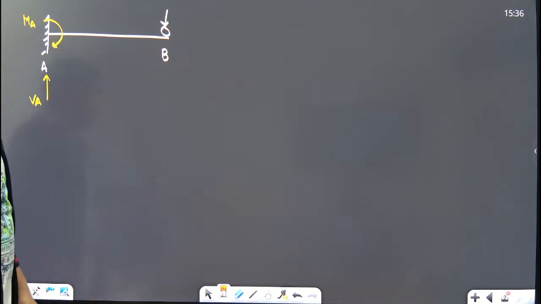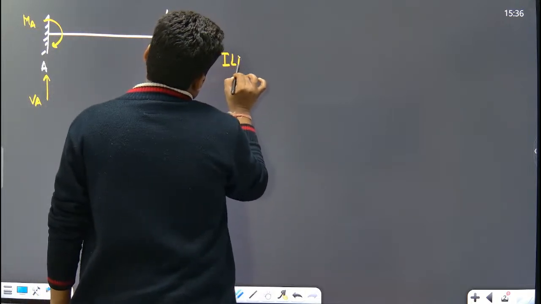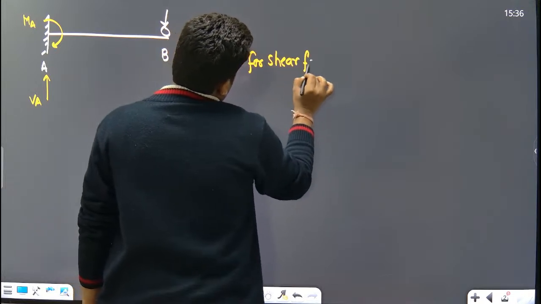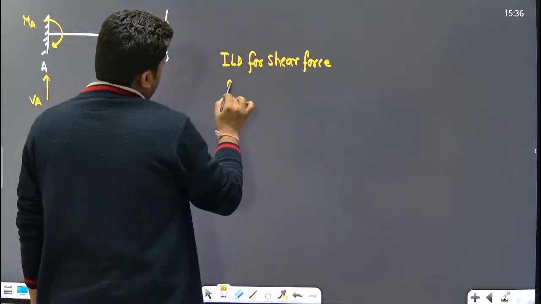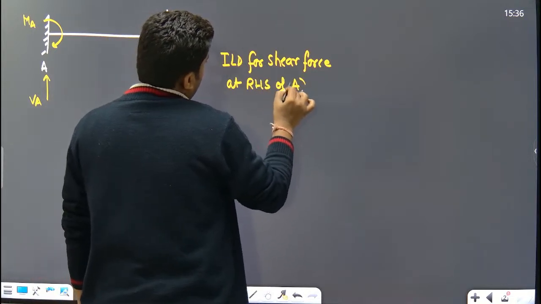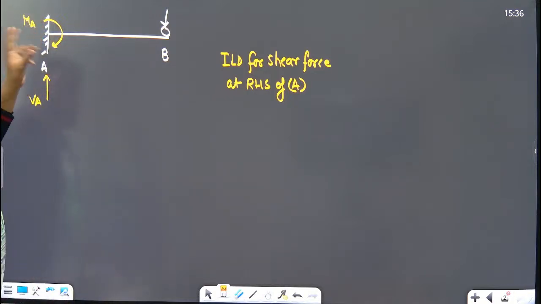I need to draw the ILD for shear force at the right hand side of A. Now look very carefully.